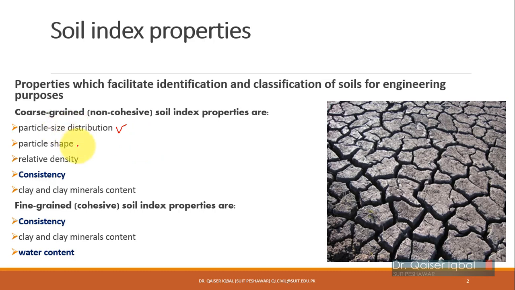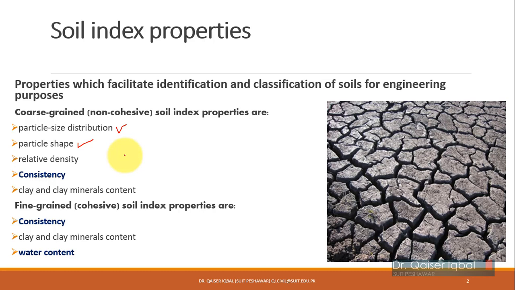The next is particle shape. In coarse grained soil, in the previous class we discussed that we have different particle shapes. There are bulky particles, flaky particles, plate-like particles, and needle-shaped particles. If you have aggregate sourced from a crush plant, you will see that the shape of the aggregate will be more angular, so you can call that an angular aggregate.